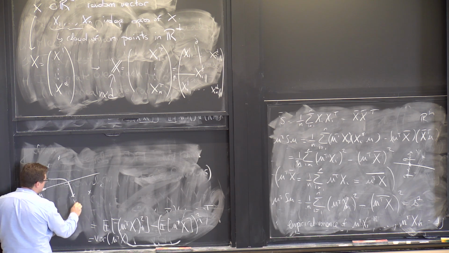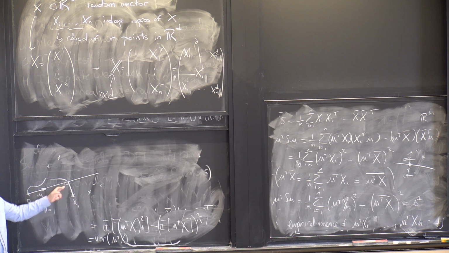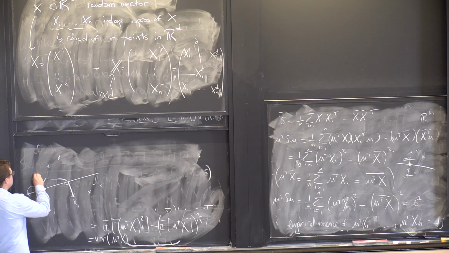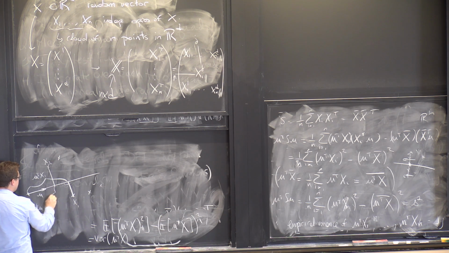Let's call this guy x1. In terms of inner products, this is exactly U transpose x1. This length here, if this is x2, this is exactly U transpose x2.